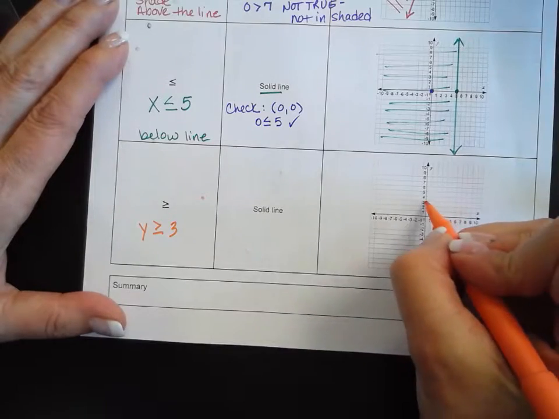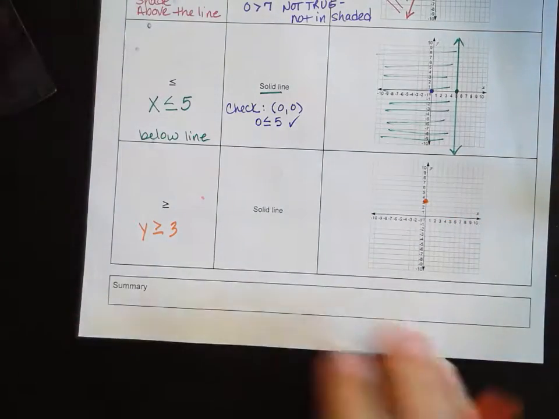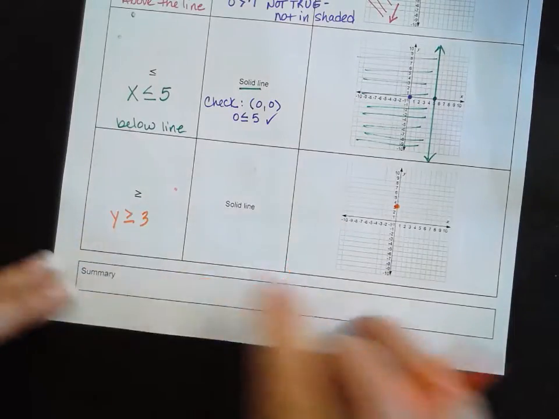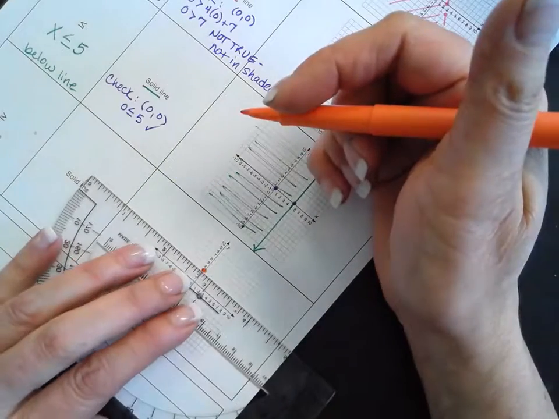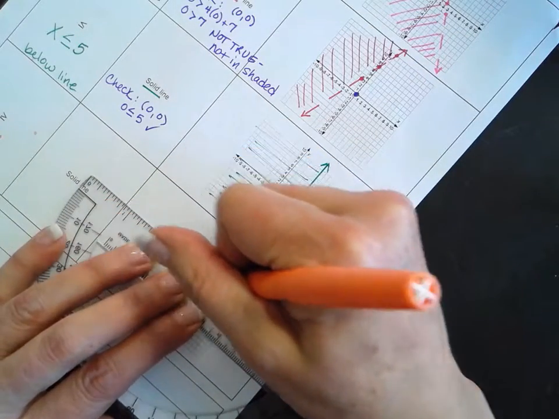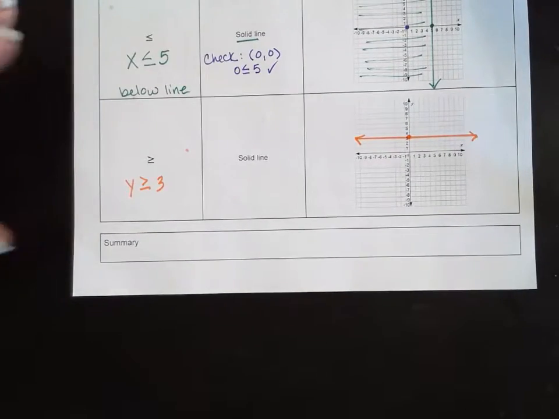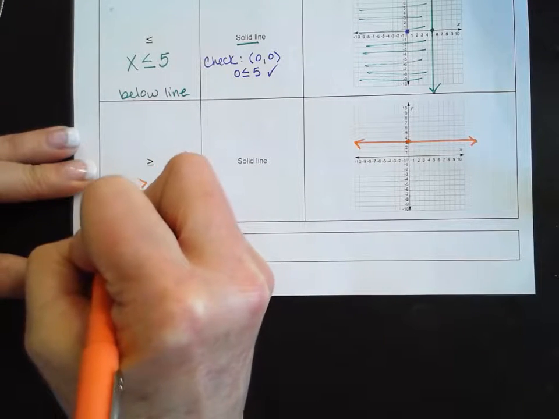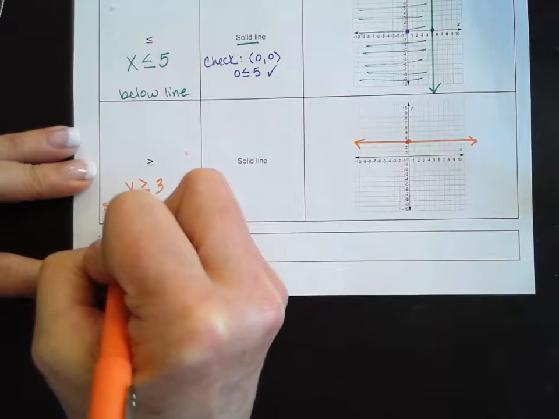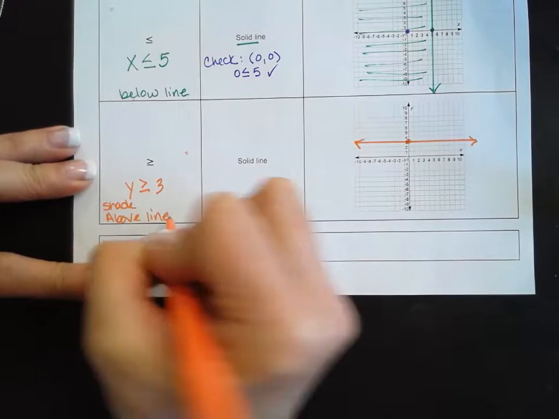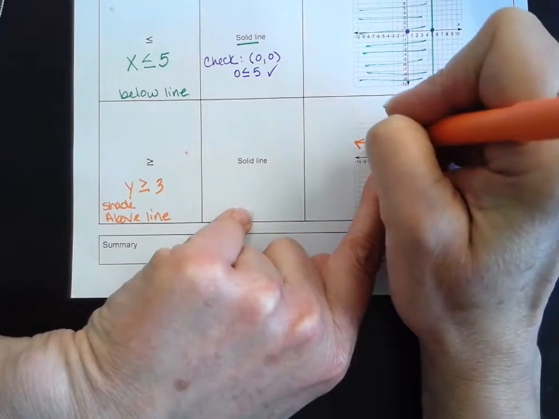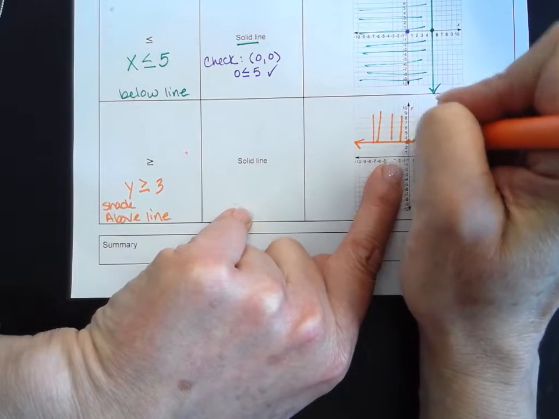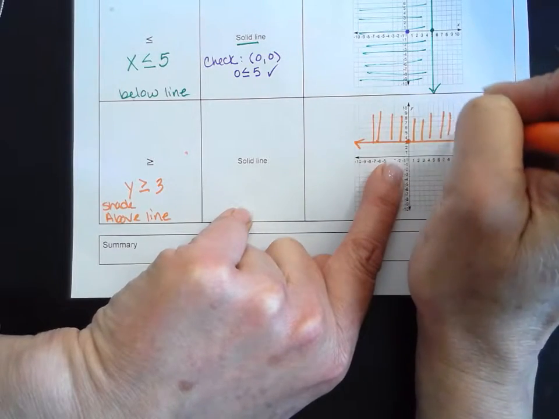Okay, y is equal to 3. There's y equaling 3. It's greater than or equal to. And so I'm going to have a solid line. It's going to be a shade above. So any number greater than 3, well, that's going to be everything above.